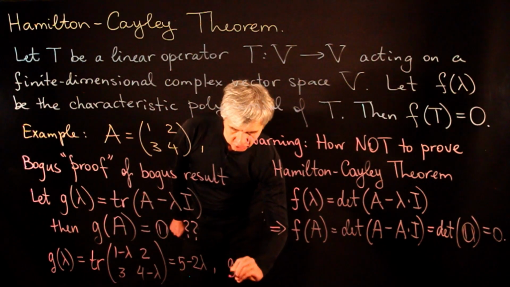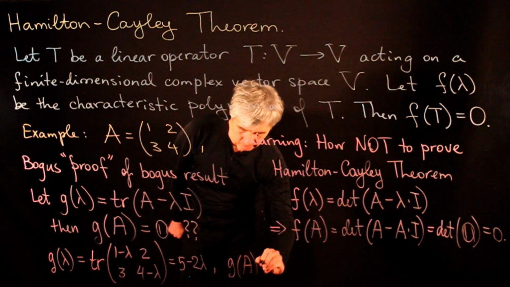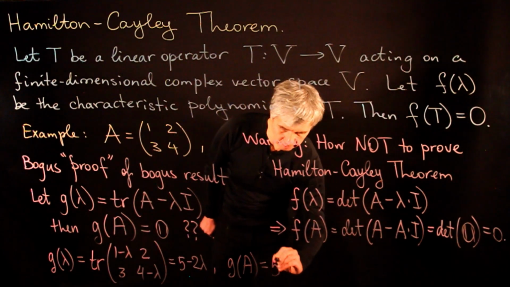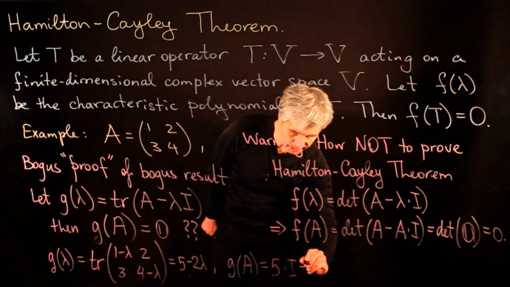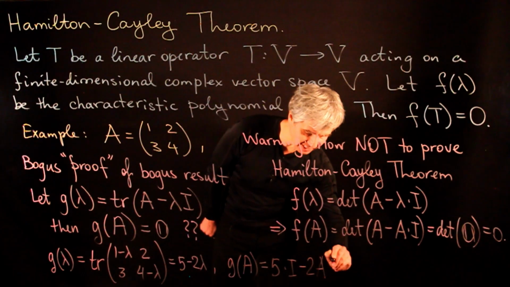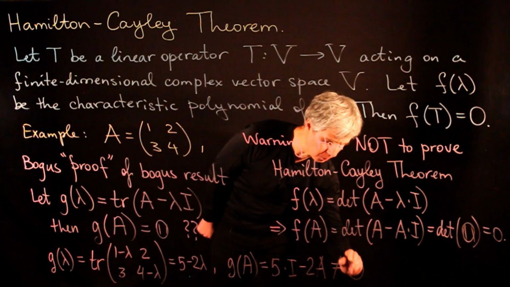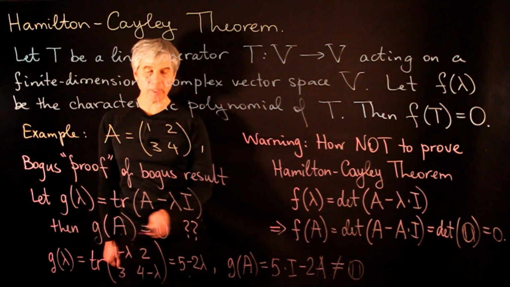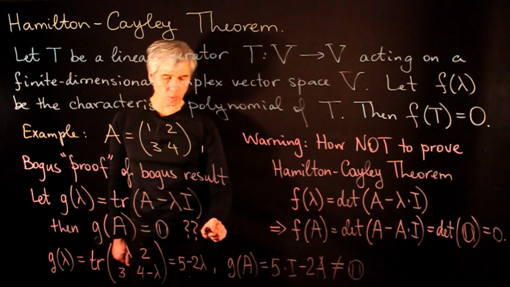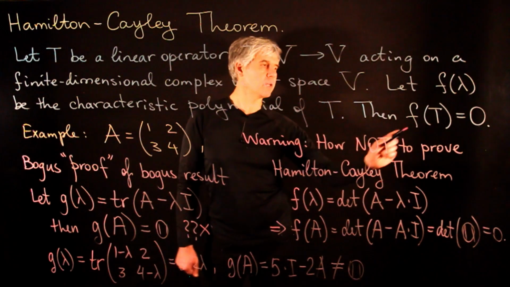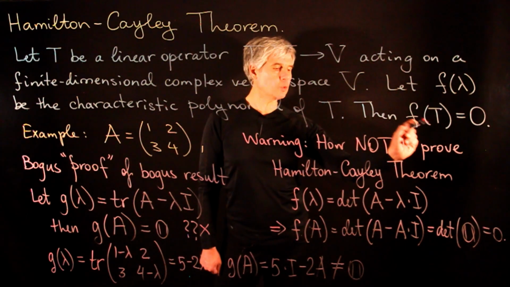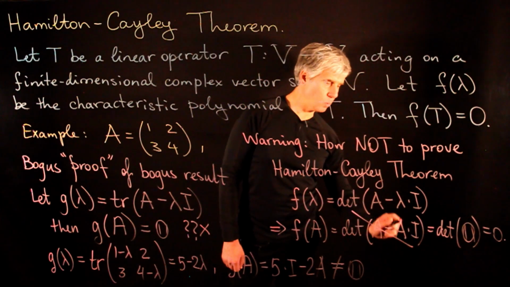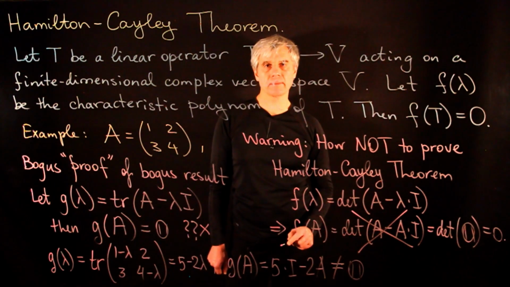But if we take g evaluated at A, this would be 5 times identity minus 2A. And we can see that this is certainly not equal to a zero matrix. So this result with the trace is completely bogus, so it's absolutely false. But this result with characteristic polynomial is true. Simply, this is not a valid proof of this result.